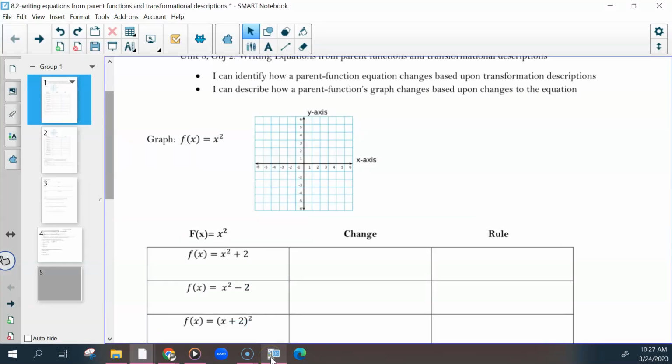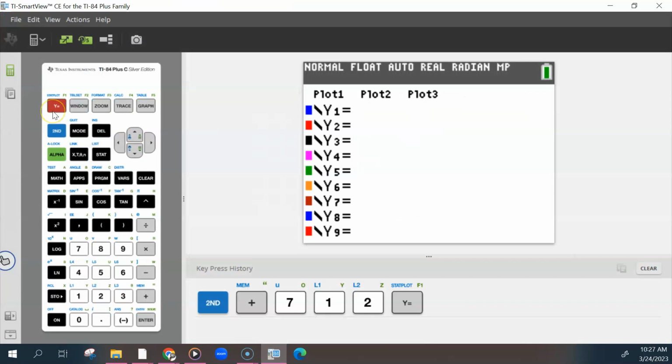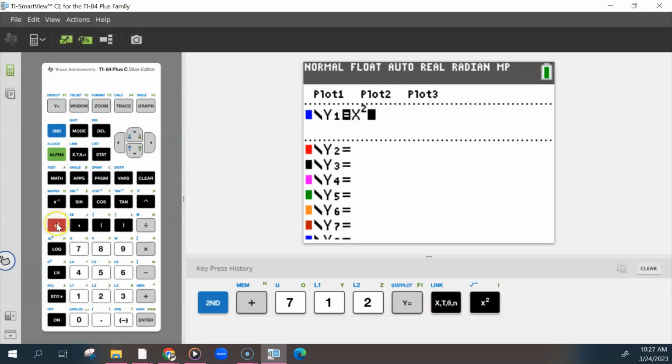And the very first thing we're going to do is graph this function. It should look very familiar because it is a quadratic, so it's going to be graphed the same way we were graphing before. But go ahead and in your y equals, put in x squared.